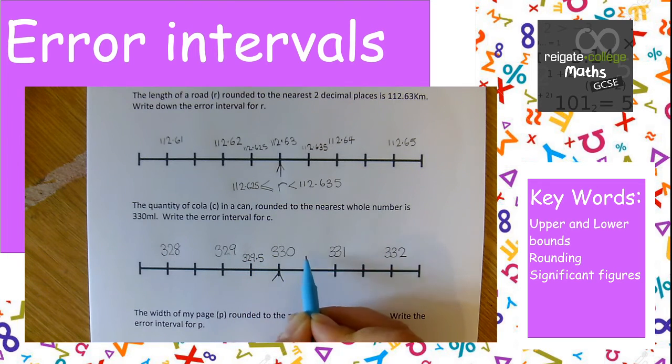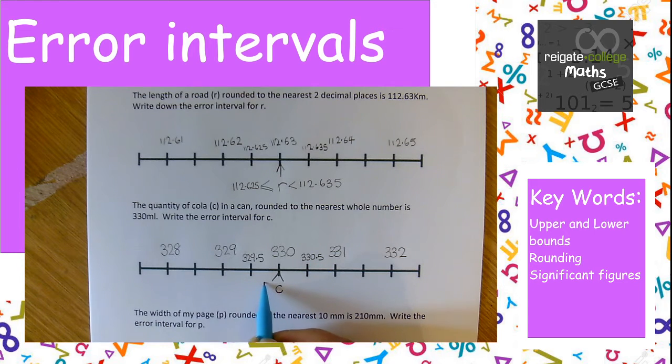The upper bound here, 330.5. So C is greater than or equal to 329.5, but less than 330.5.